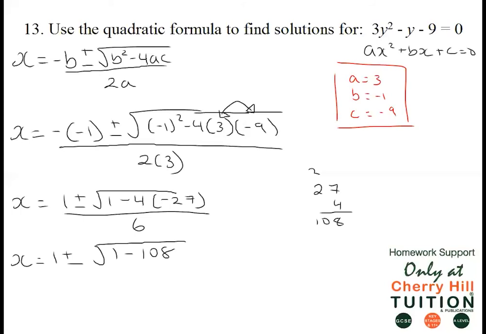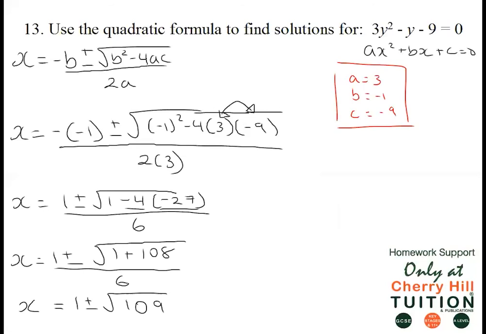So because of the double negatives here, it becomes a plus 108. Okay, and this is all over 6. This simplifies to 1 plus and minus the square root of 109 over 6.